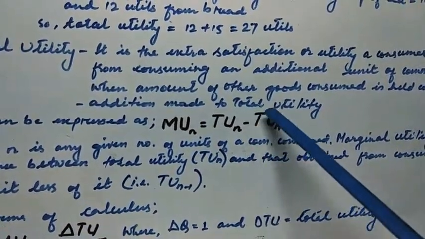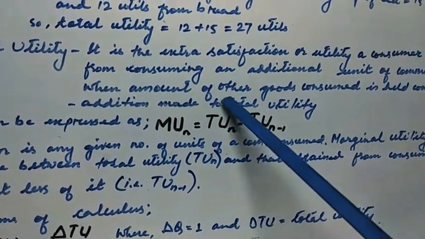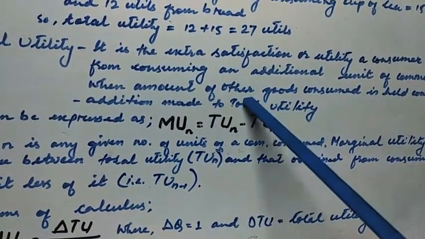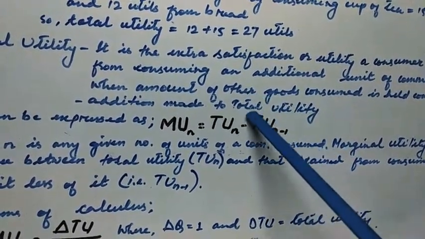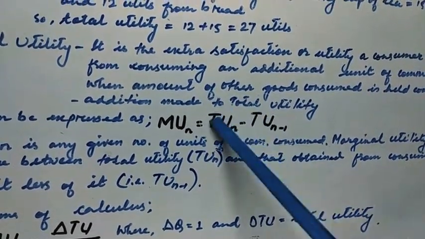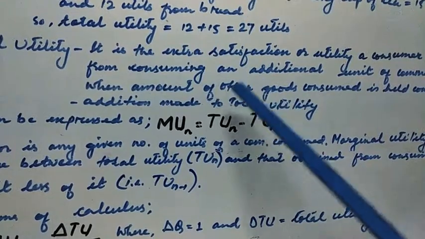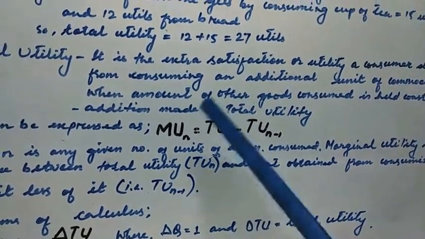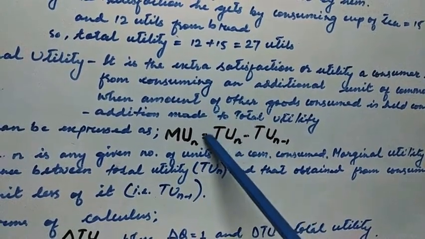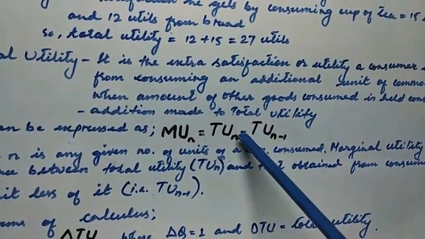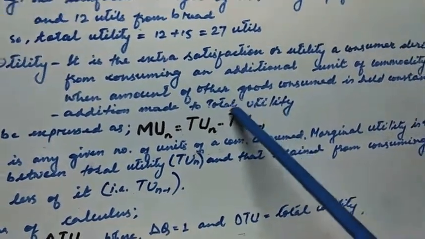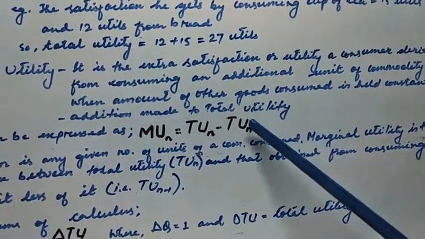Suppose you are consuming an additional amount of goods here, and you are consuming less of another unit. So the difference between these two is the marginal utility. This is the total utility of any commodity that is consumed, and here it is the total utility that you derive while consuming less of the other good.